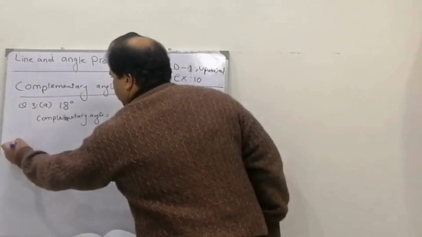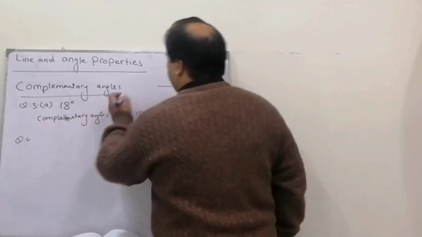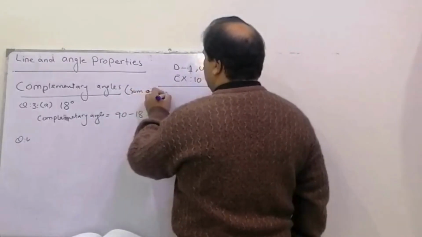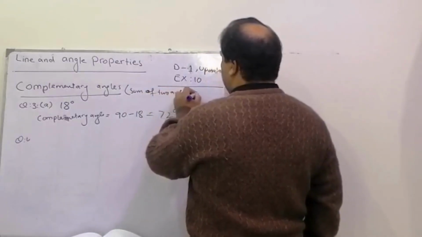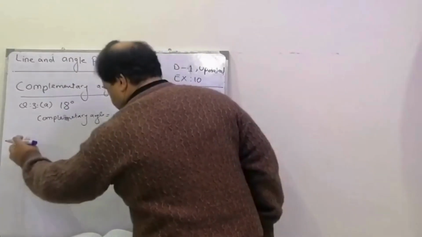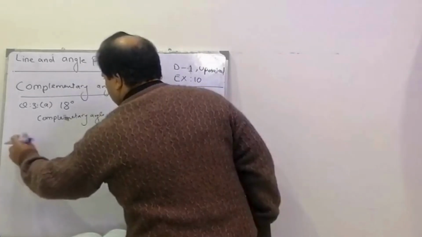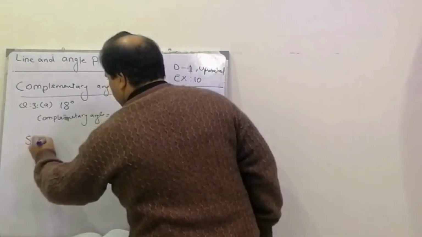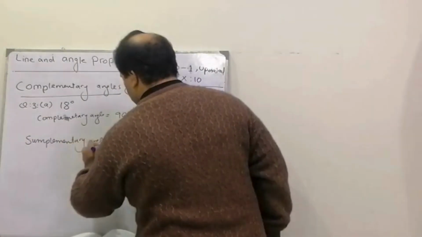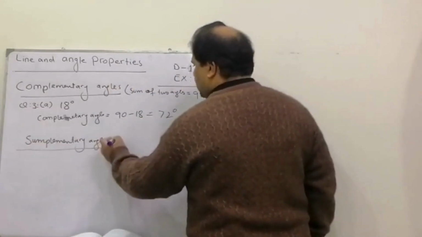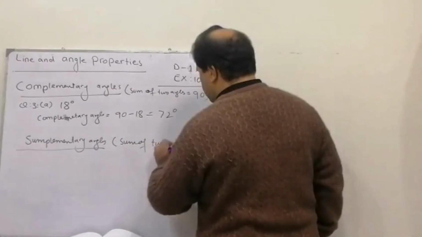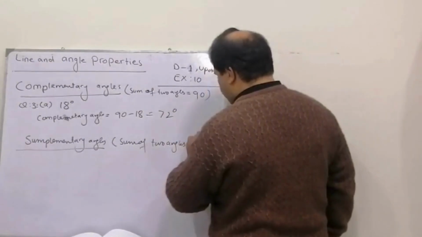The same is the case with the supplementary angle. What are supplementary angles? Complementary is when the sum of two angles is equal to 90 degrees, and supplementary is when the sum of two angles is equal to 180 degrees.